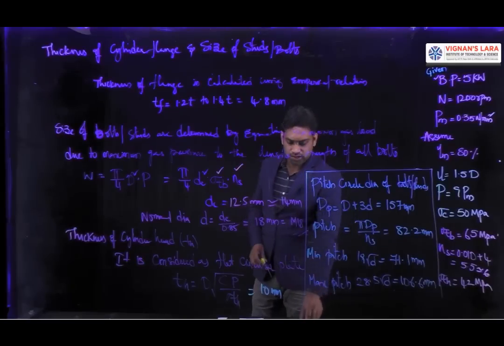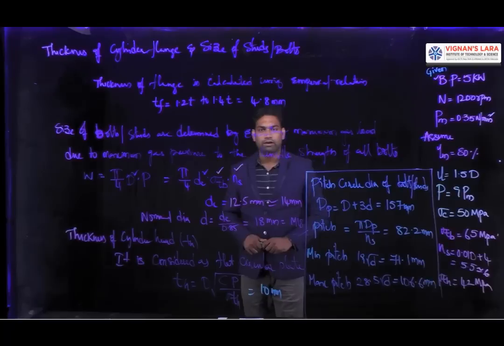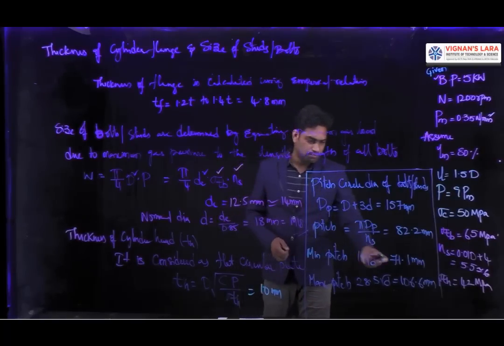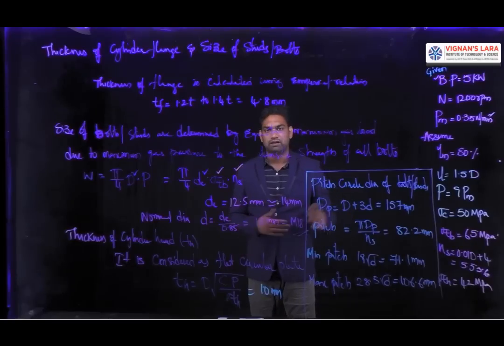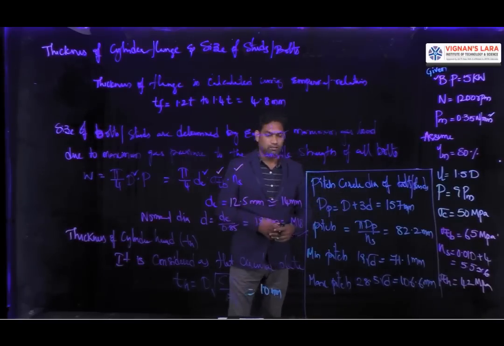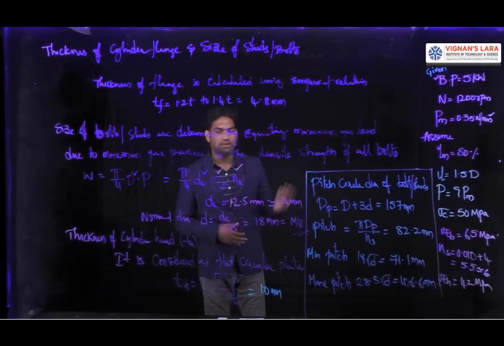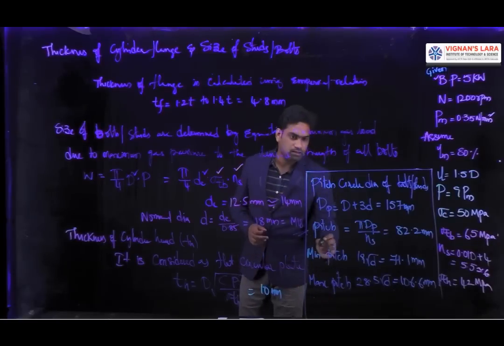So the calculated pitch value 82.2 mm lies in between the minimum and maximum value, so it is not less than the minimum pitch and not greater than the maximum pitch. So our design for the cylinder, for the given specifications, is a leak proof joint. Clear?